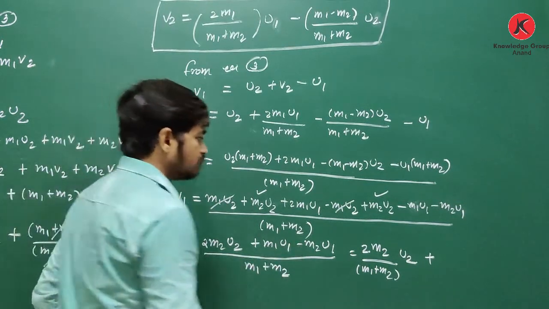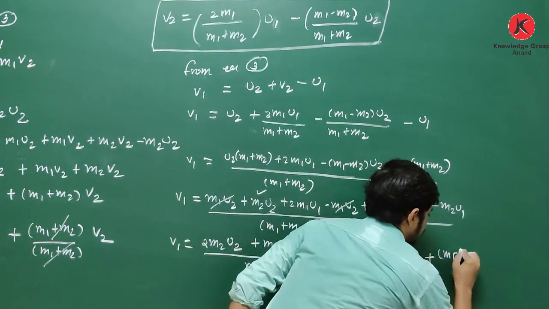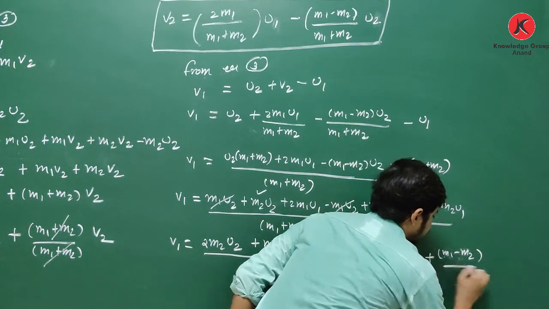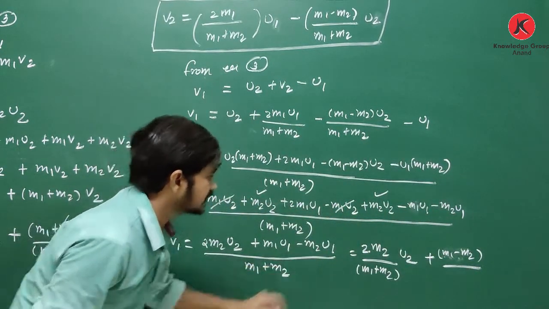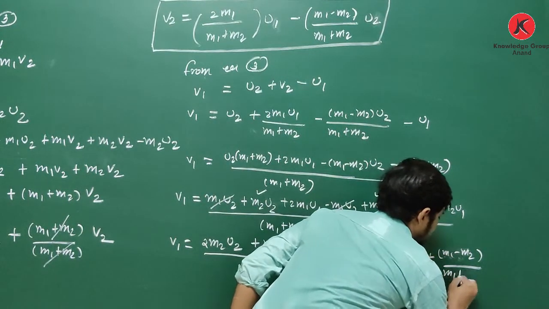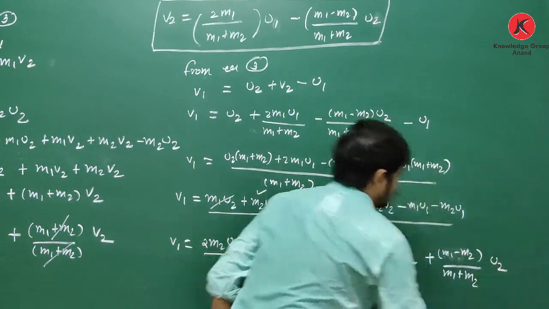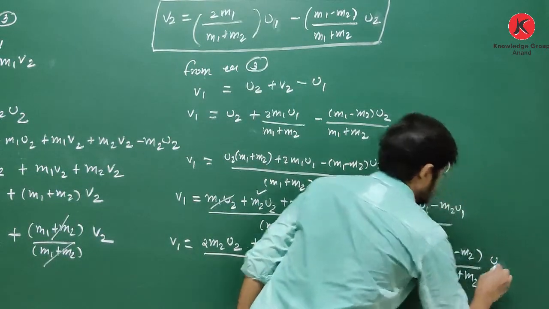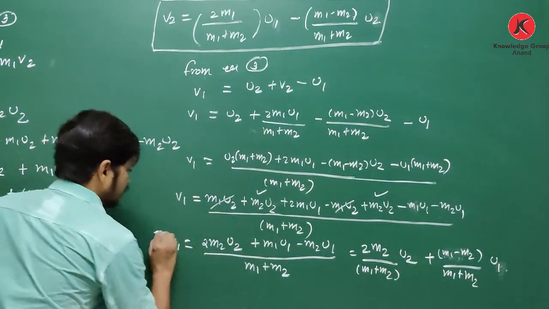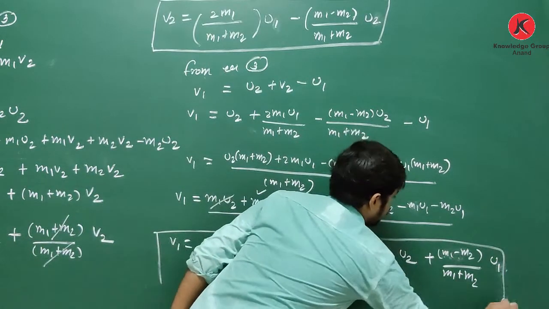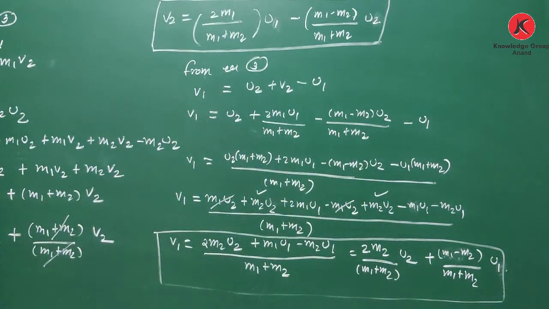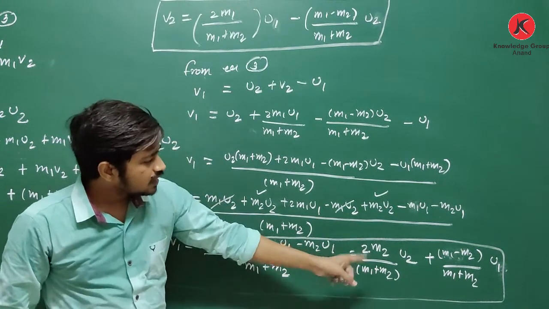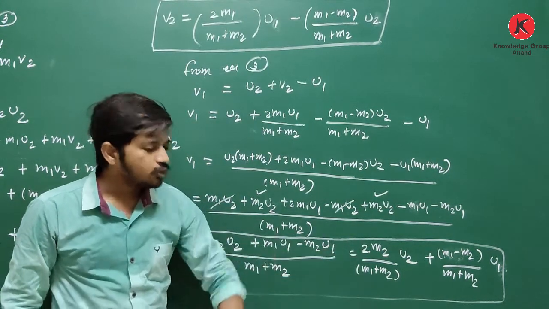M1 minus M2 divided by M1 plus M2, U1 is common. Clear about this? So yes, it is the equation of V1. This one: 2 M2 U2 upon M1 plus M2 plus (M1 minus M2) upon (M1 plus M2) U1.